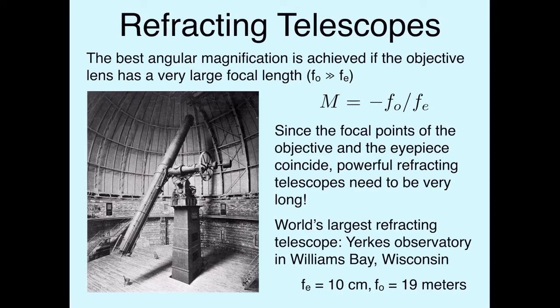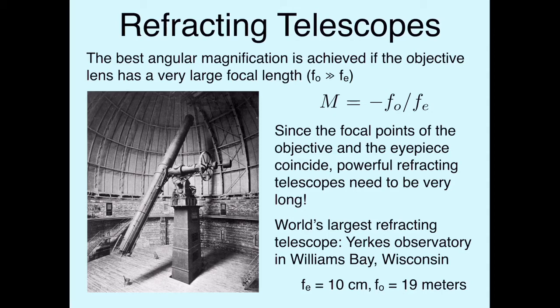Now, in this design, those two focal points for the objective lens and the eyepiece actually coincide with each other. So this means the bigger the angular magnification, the longer the telescope is going to have to be, okay? Now, you can only build a telescope so long, so that's really what's going to limit how much magnification you get out of a telescope like this.